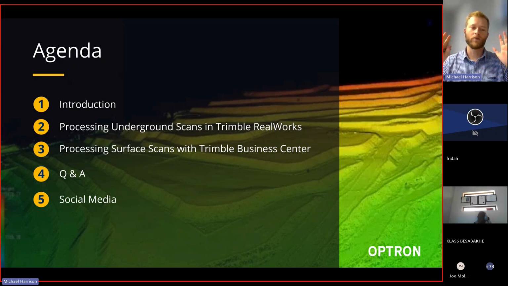We're then going to run through some basic operations: slicing the scan, doing some 2D line work, sampling down the data, creating meshes, calculating volumes of workings. Then we'll move on to surface scans in TBC. I'm not going to focus on any tunneling stuff in TBC in this webinar.